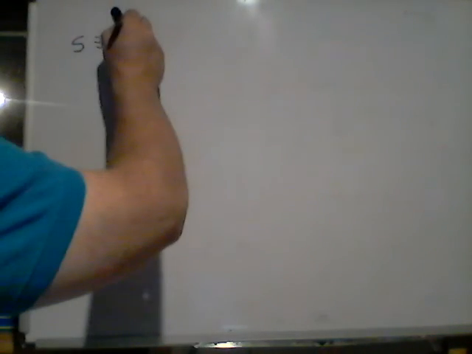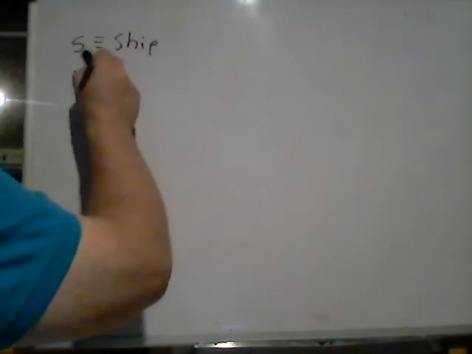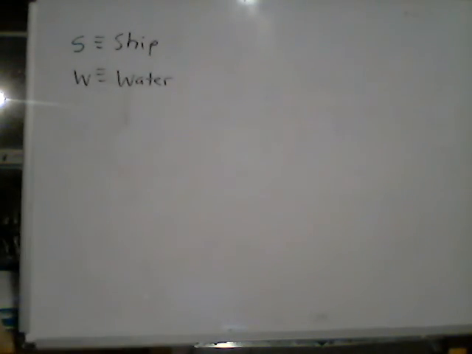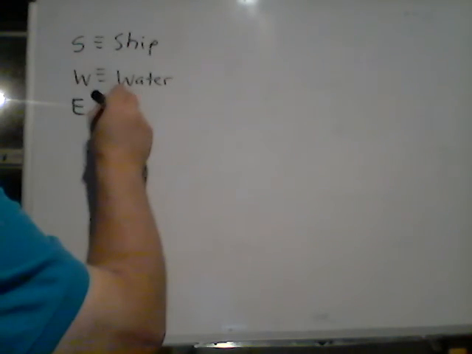We're going to let S represent ship, W represent water, and E represent Earth.